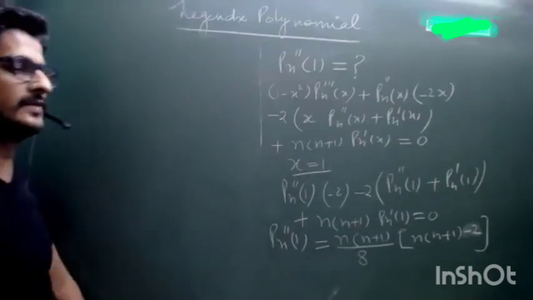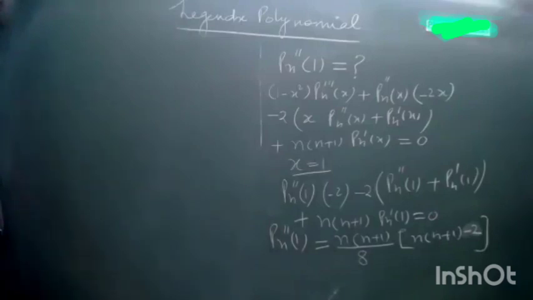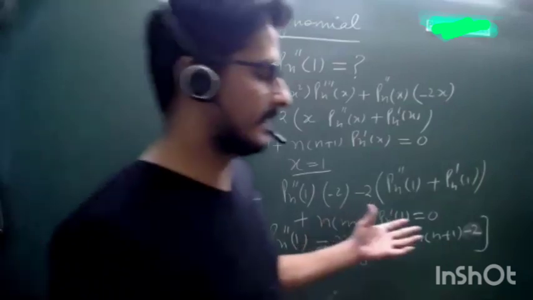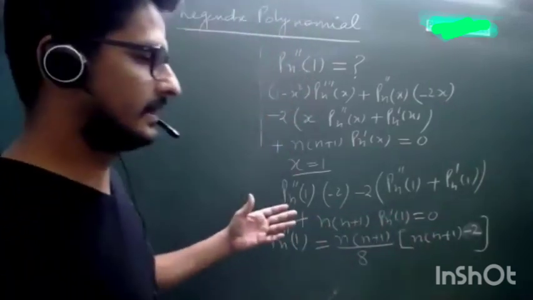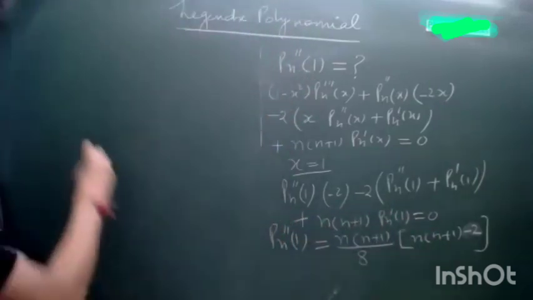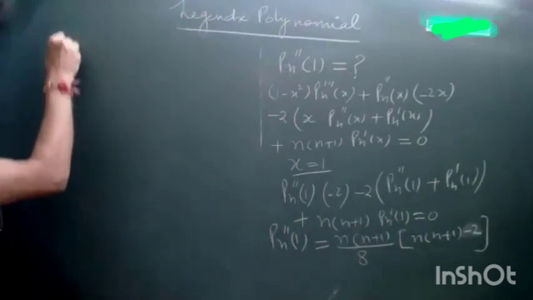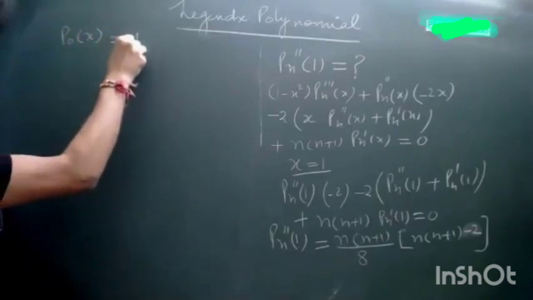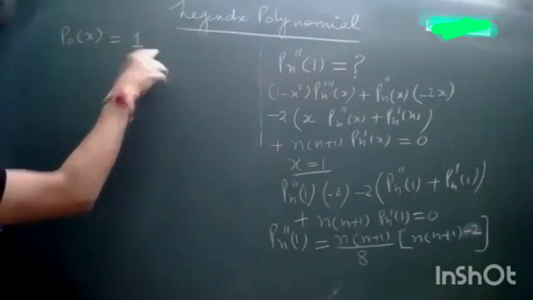So these types of small questions are asked, which you can solve quickly, not very long calculations. Okay. Now a question they ask: since the Legendre polynomial belongs to different powers of x, for example, P0 x is 1, so it is in a way x to the power 0.